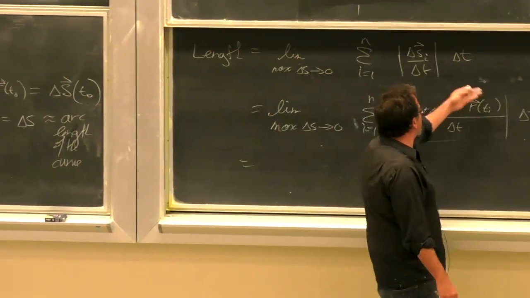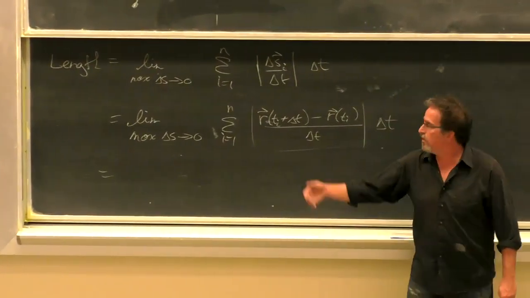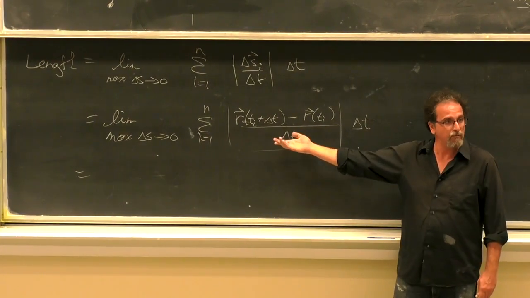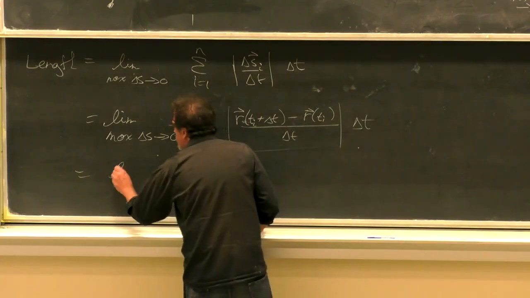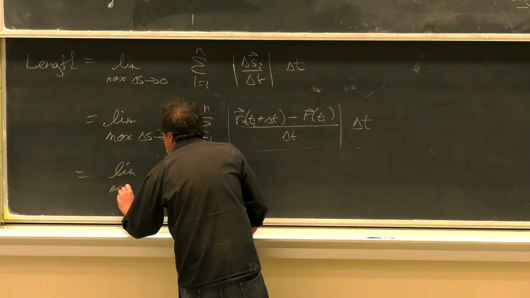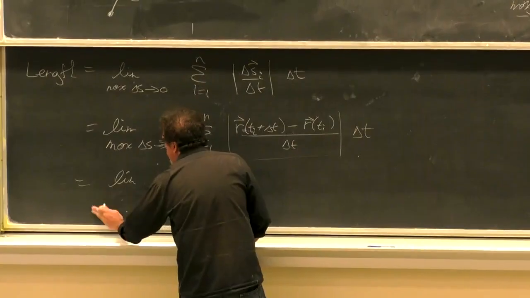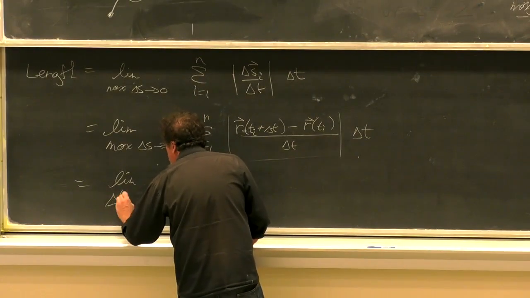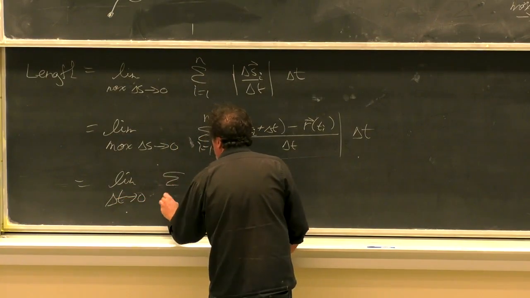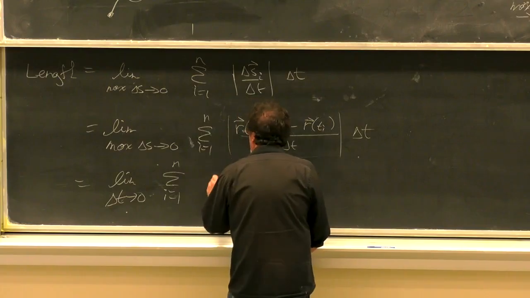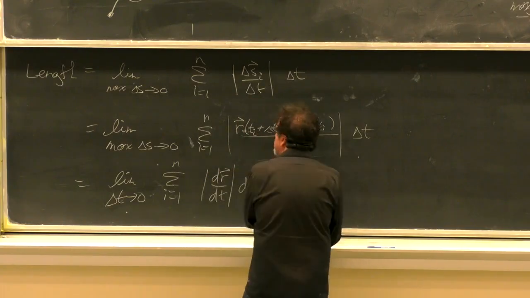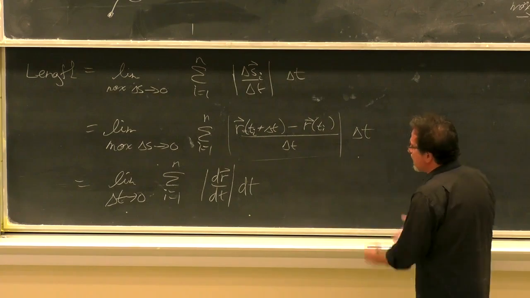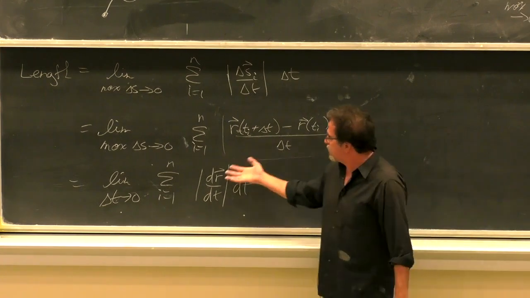Well, folks, in the limit that delta t goes to 0, this thing is the definition of the derivative. And so this is the limit. Now we don't have to do max delta s. We can do delta t goes to 0 because we don't have delta s there anymore. Sum i equals 1 to n of the magnitude of dr/dt times delta t. And in the limit, you see now, this is just a function of t.